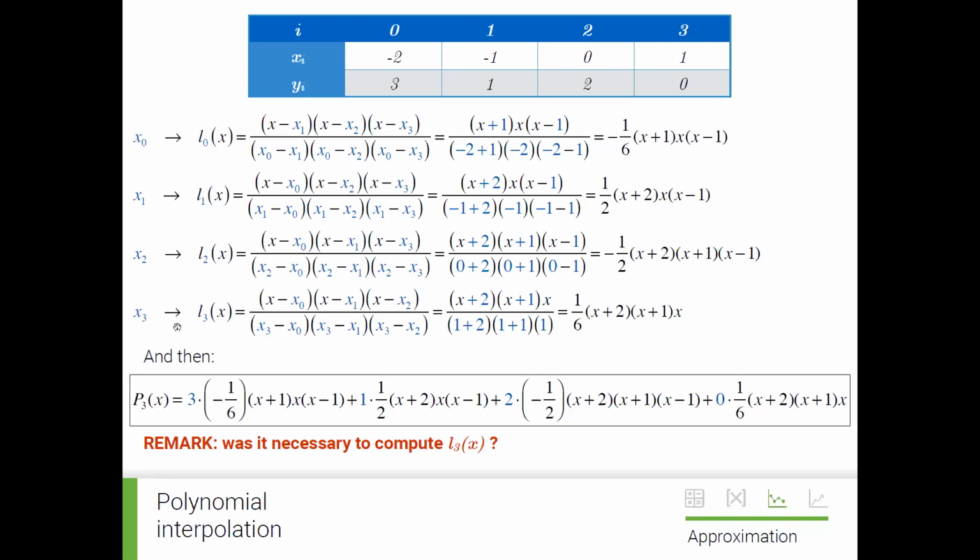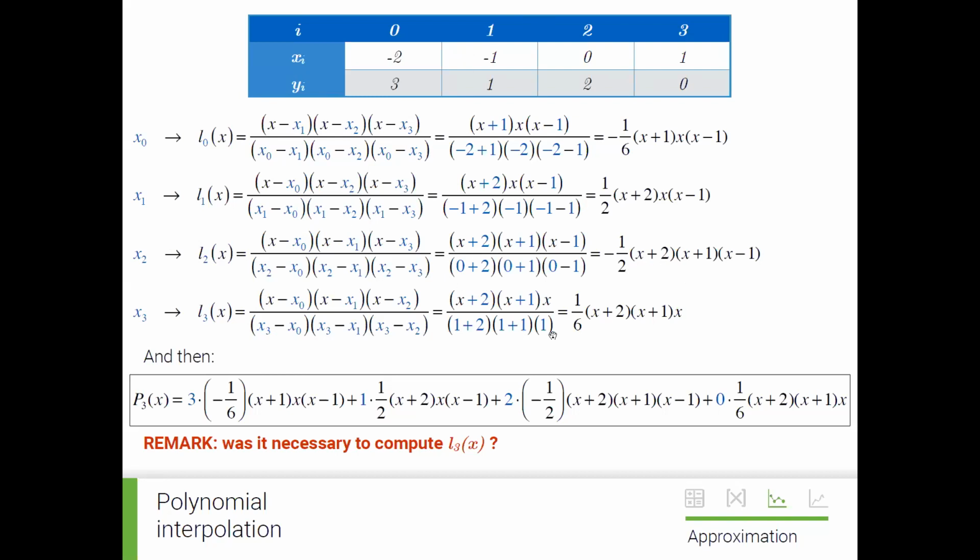And now the last one, L3 of x. So L3 of x here, in the numerator we have x minus x0, x minus x1, and x minus x2 without x3 now. And then the denominator is like this, x3 minus x0, x3 minus x1, and x3 minus x2.